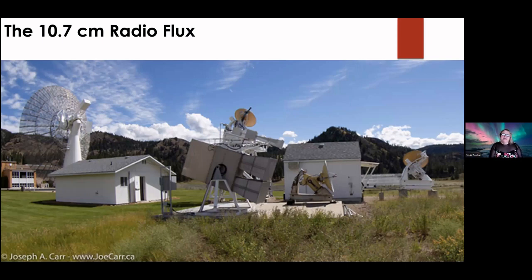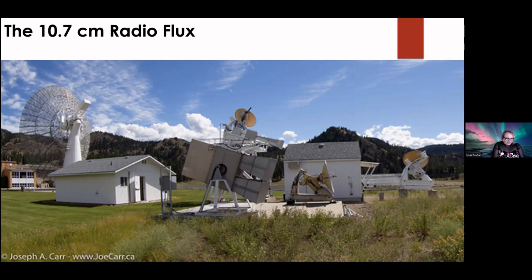And why it is really nice to measure this one: because one, it's Canadian. We can measure it in Penticton at the Solar Observatory near Penticton, and you can measure it during clouds. You can measure it when it's sunny.